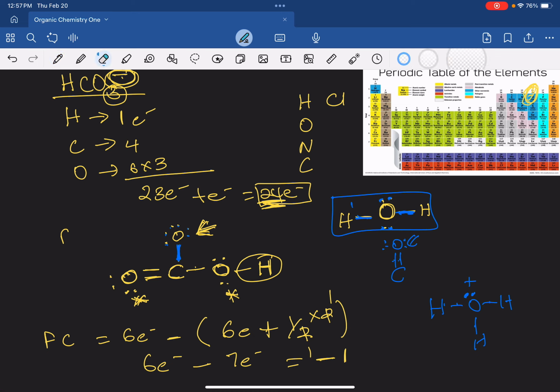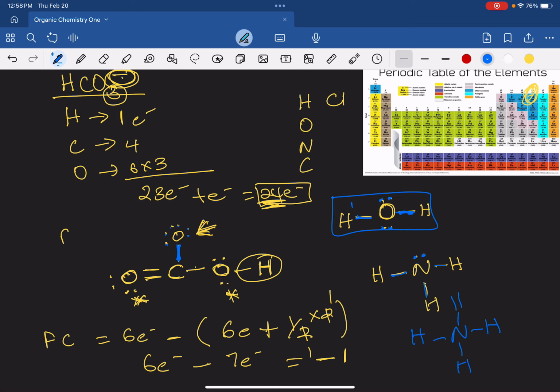The next thing I need you to remember is when nitrogen is neutral. Nitrogen is neutral when it has three single bonds and a lone pair. If you see anything else, that nitrogen has a charge. Any nitrogen without three single bonds and a lone pair has a charge.